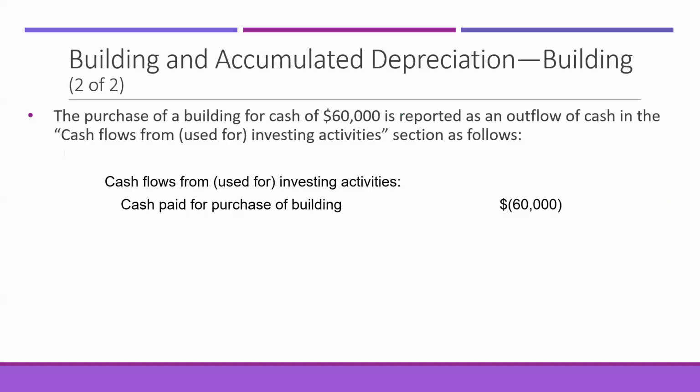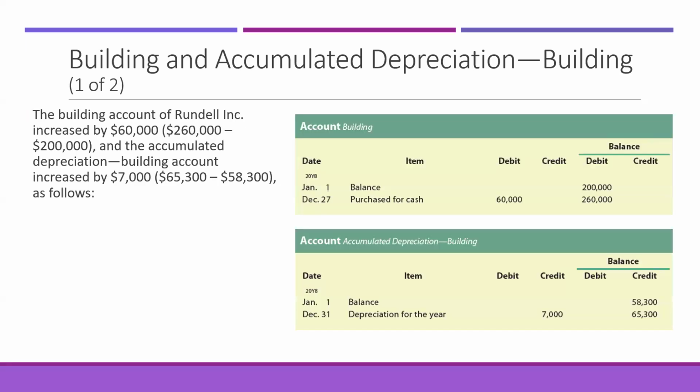Once again, purchase for cash, the balance of the initial building account, $60,000.